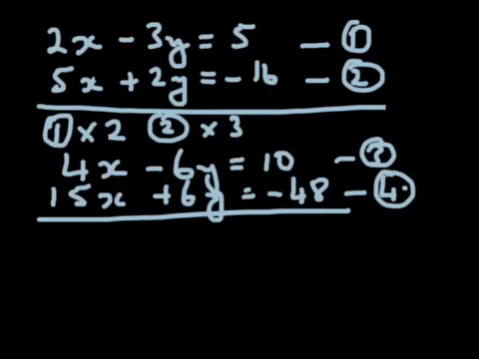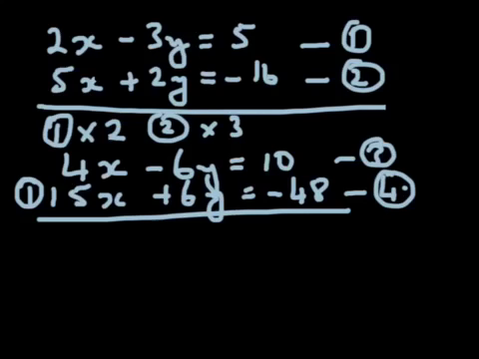So what I'm going to do now is add equation 4 to equation 3. Now why I'm going to add is that if I subtracted, what would happen here? I would get minus 6 minus positive 6y would be negative 12y, and I wouldn't have eliminated the y. So when the signs are different, you add.